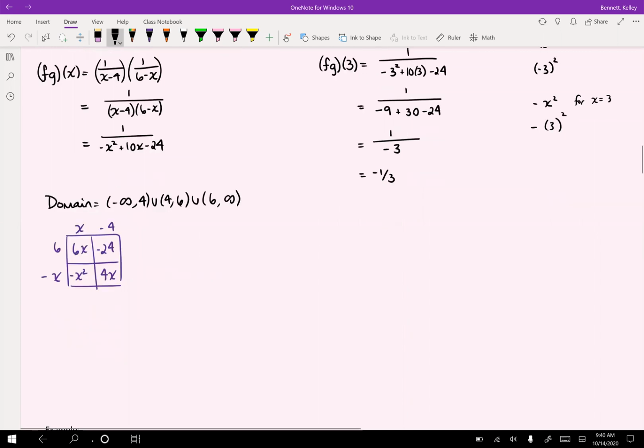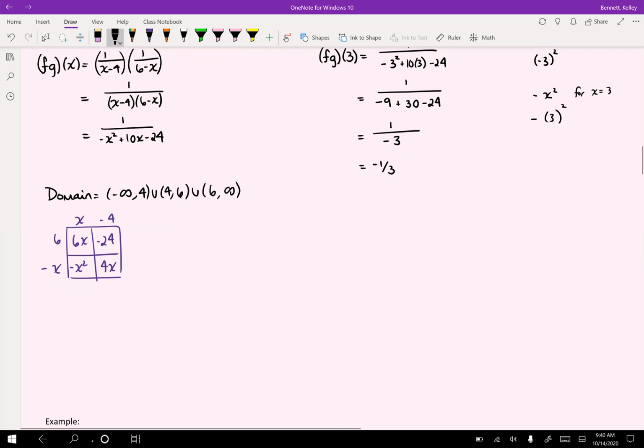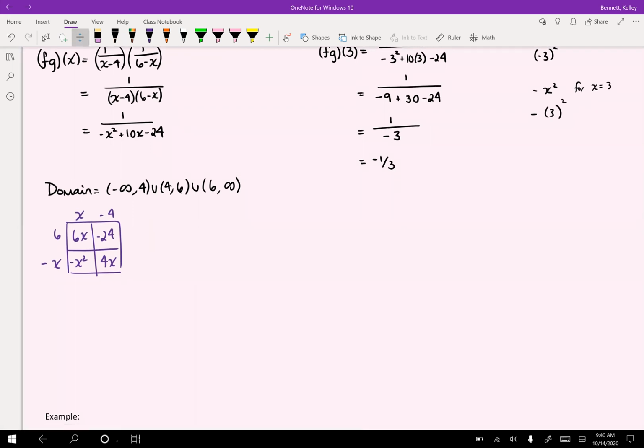And then the last thing we want to do is f of x over g of x. So I want to have f over g of x. So this is 1 over x minus 4 over 1 over 6 minus x.